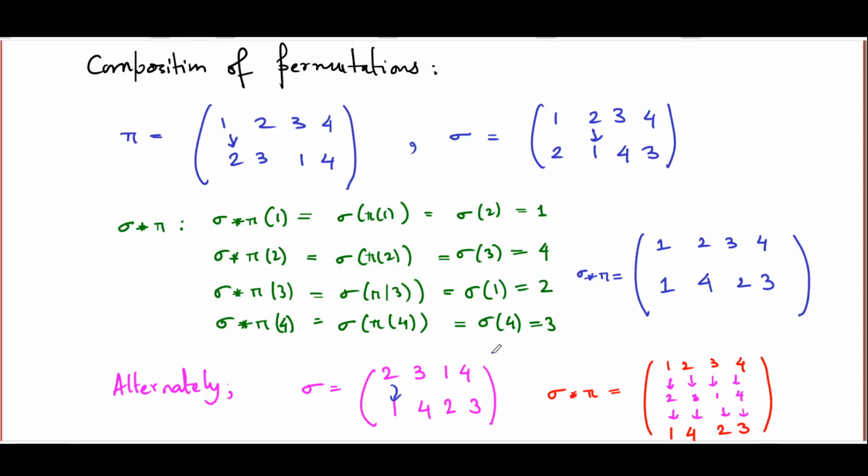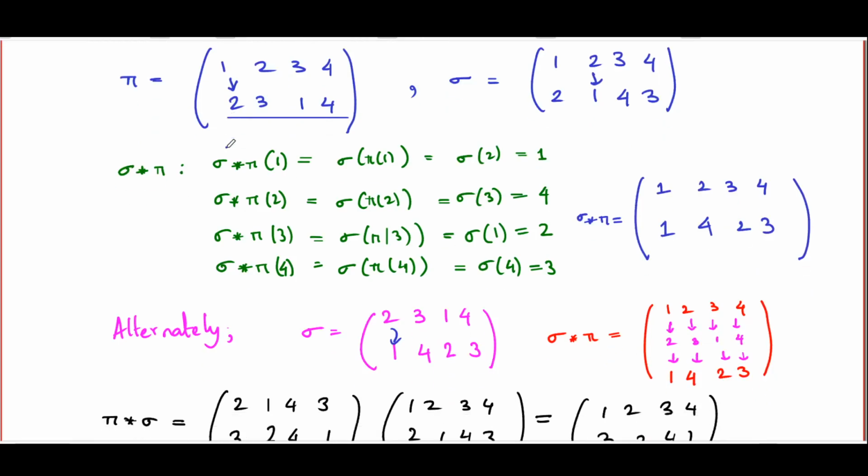Now, the reason why I have chosen to write down the top row of sigma in this particular manner is simple. It is exactly the bottom row or the result of pi. So, if you talk about sigma and pi being composed, sigma star pi, notice 1, 2, 3, 4 gets taken to 2, 3, 1, 4 by pi. That's this line in the middle. And 2, 3, 1, 4 gets taken to 1, 4, 2, 3 by sigma.